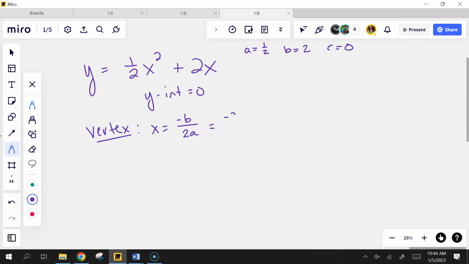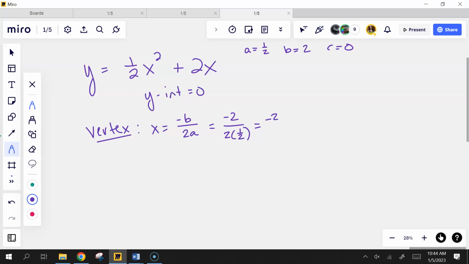Opposite B, so -2 over 2 times A. I lied. This is still one we can use the y-intercept on. Great, dang. I'll do another one in a second. What's 2 times 1/2? 1.